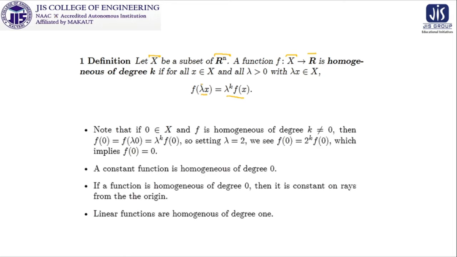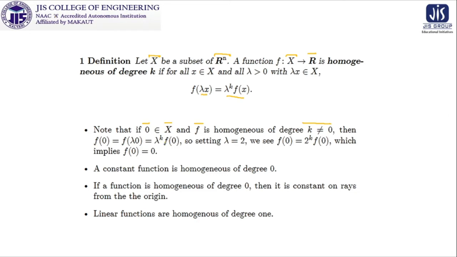Look at this. There are some observations related to homogeneous functions. If we take 0 as an element of capital X, and f is homogeneous of degree k, which is not equal to 0, then f(0) is equal to f(lambda 0), which is equal to lambda to the power k f(0).